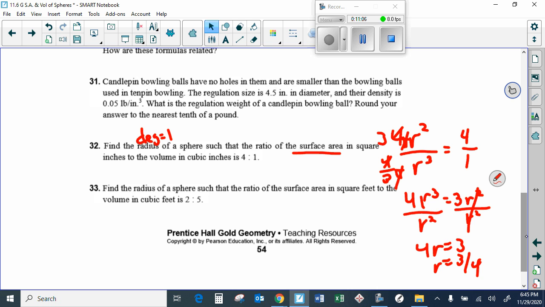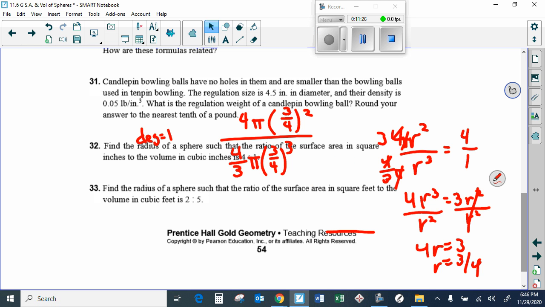So if I put in 3/4 here, 4 pi r squared over 4/3 pi r cubed, with r being 3/4, the pi's cancel out, the 4's cancel out, so that's 1/3. Here I have 27 over 64 times 1/3, which is 9 over 64.